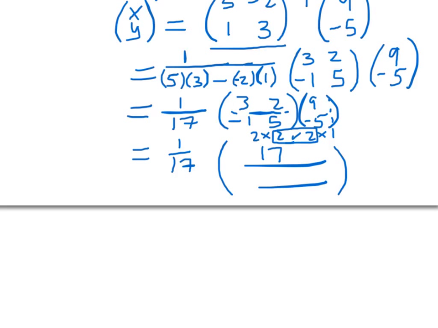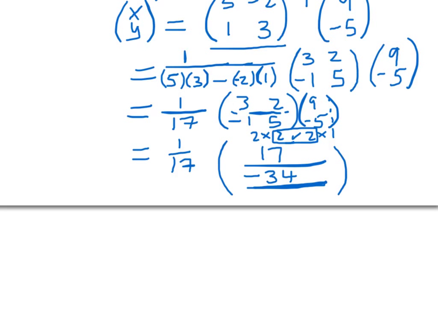The next multiplication, this value here is in the second row, first column. So you multiply the second row by the first column. So you get minus 1 by 9, which is minus 9, and 5 by 5 is minus 25. So minus 9 minus 25 is equal to minus 34.